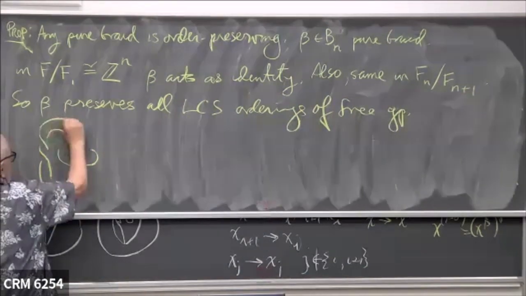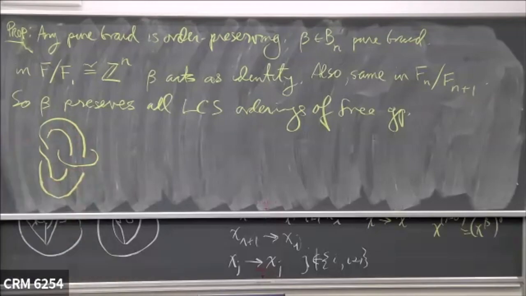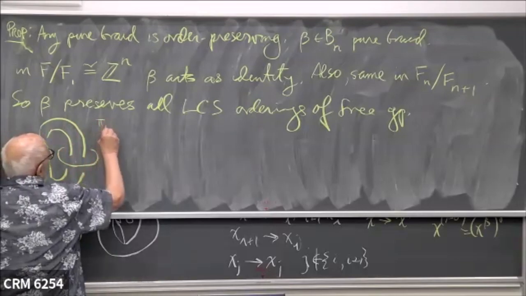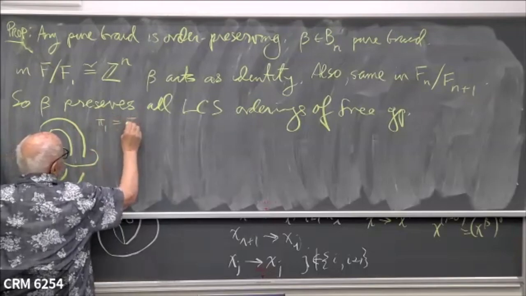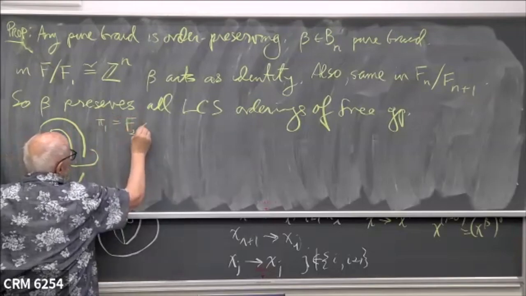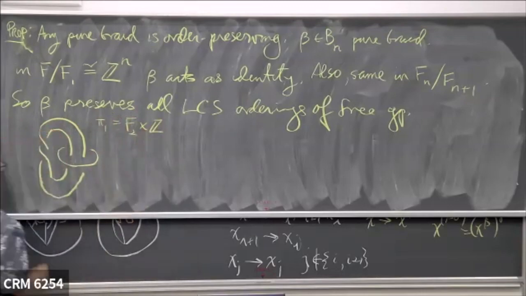Here's, say, sigma 1 squared. Here's a braided link. So this is order preserving because it's a pure braid. You can in fact notice that pi 1 of the complement of this is a free group of two generators across the axis.